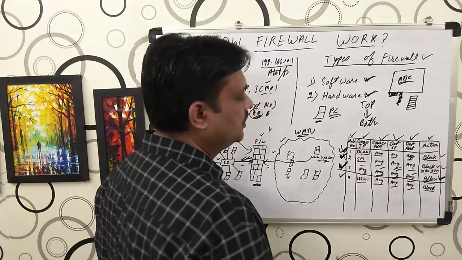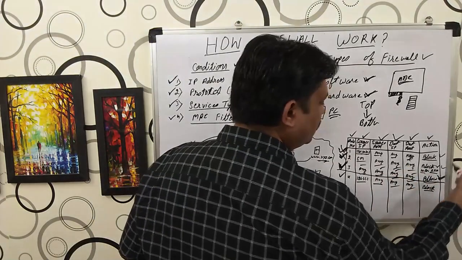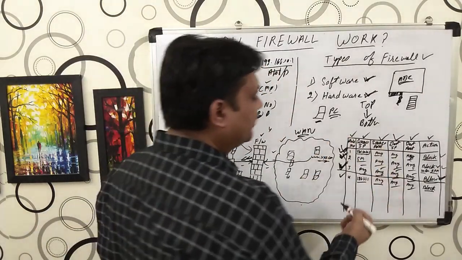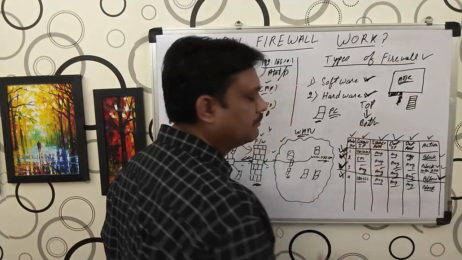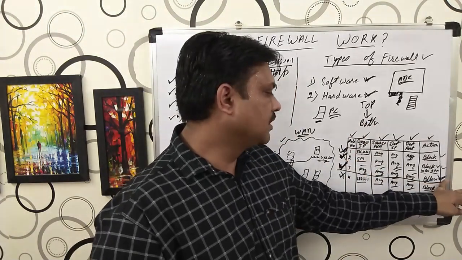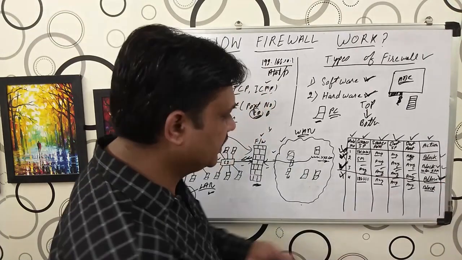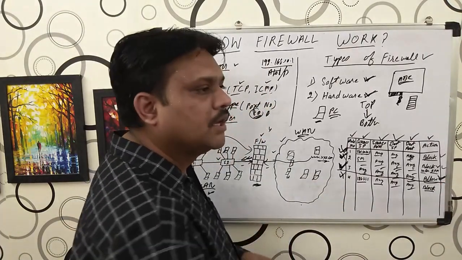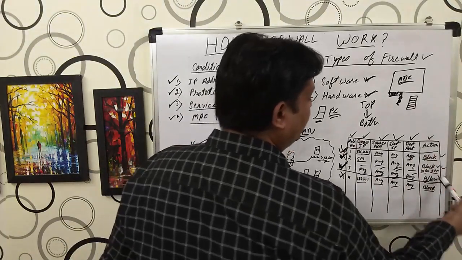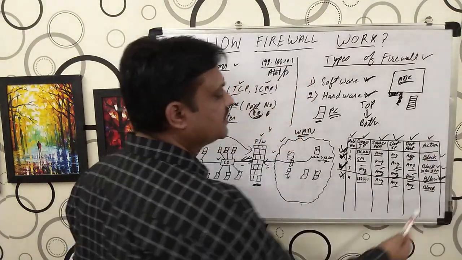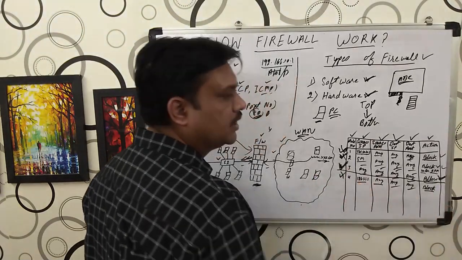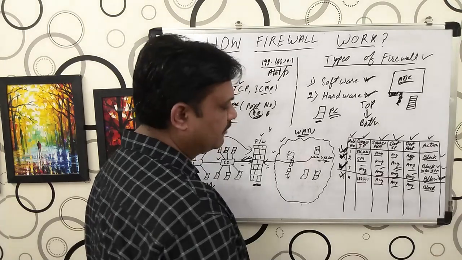Now because the conditions match on rule number 3, the firewall will not check condition number 4, because it has already got the confirmation to allow. Here we have allowed, so every condition is matching on rule number 3. Rule number 4 will not be checked by the firewall.